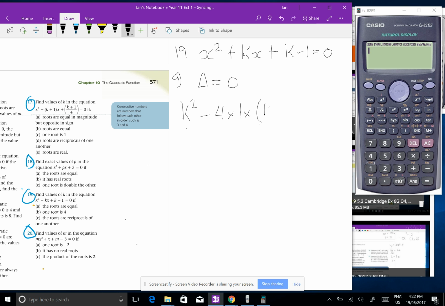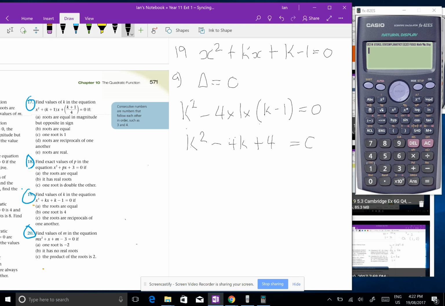Now remember c is k minus 1, so I'll put it in brackets. And that's got to equal 0. Now, I'll get k squared minus 4k plus 4, which equals 0.